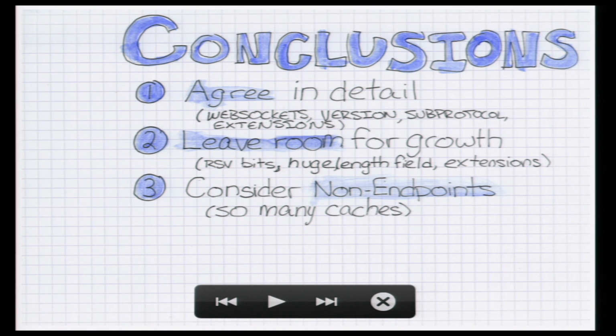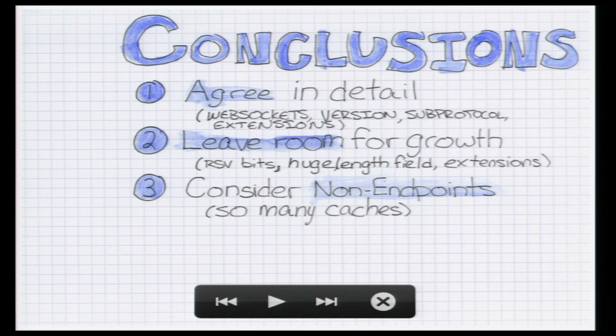So one thing that's nice is from the handshake, you agree in pretty great detail what exactly you're going to be doing. So we're going to upgrade to WebSockets, a particular version of WebSockets, possibly a particular subprotocol, and particular extensions. So you have a lot of parameters that you can control over your WebSocket, which makes it very extensible, both for future-proofing, like for each new kind of compression or whatever, we can add a new extension that follows the same format of the existing one.